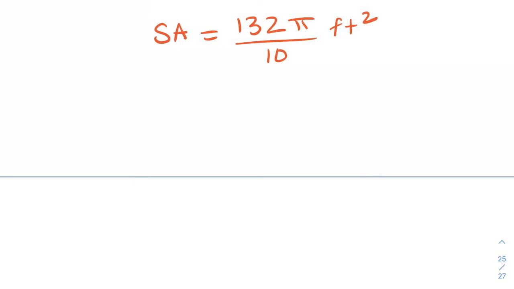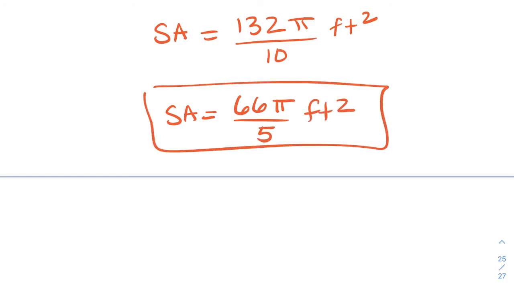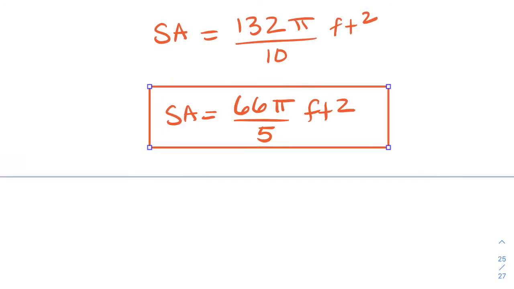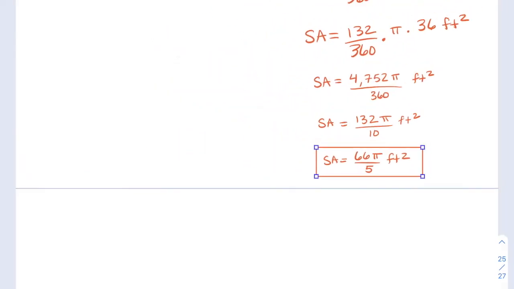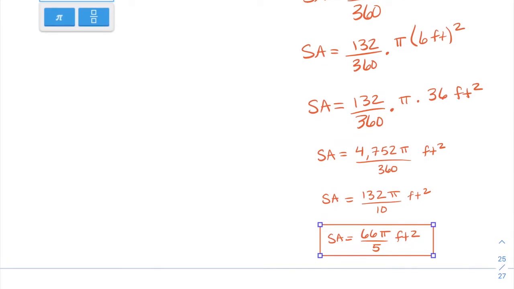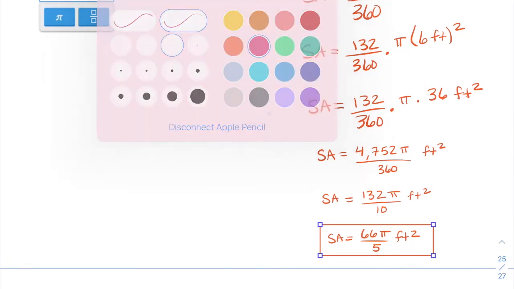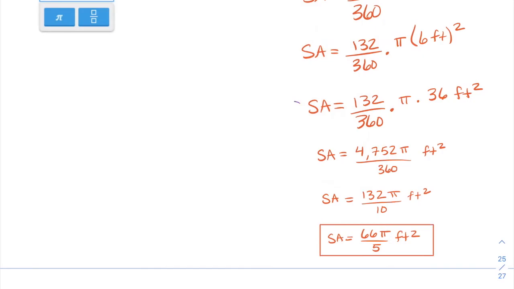And we can actually divide it again by 2. So I get 132 divided by 2 is 66 pi over 5. Okay, that is one method. You know what? I'm going to show you another method. Let's do method 2.